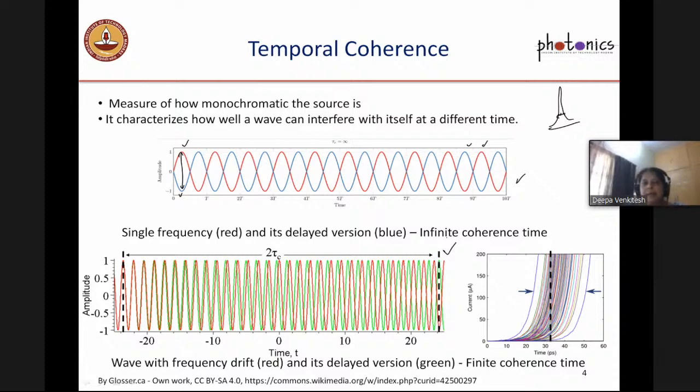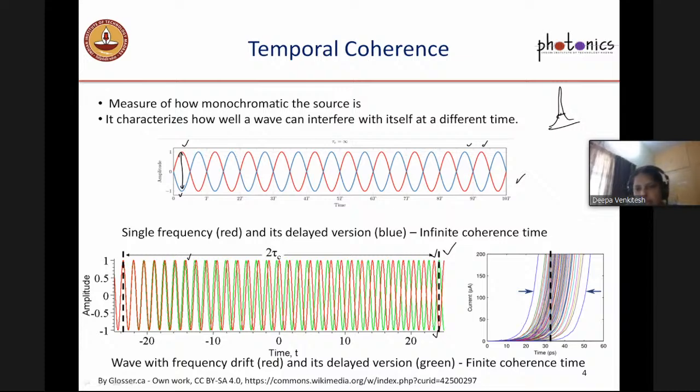But as the wave propagates, as you keep increasing the delay, you see that the delayed version, shown in red, is slipping in phase. And after a certain time, the coherence time, they go completely out of phase. Right? So this is a visual picture of how time coherence can be quantified.